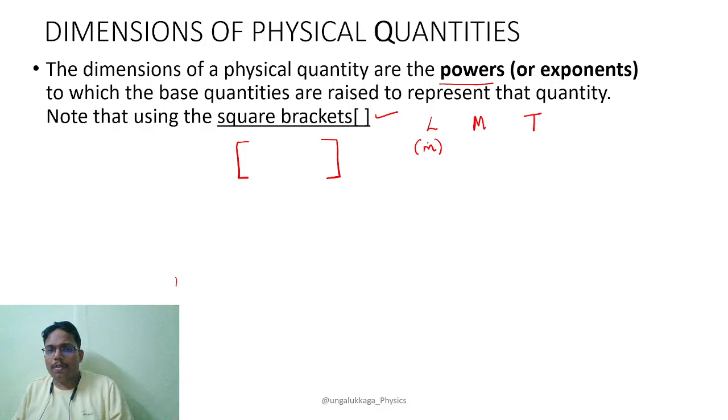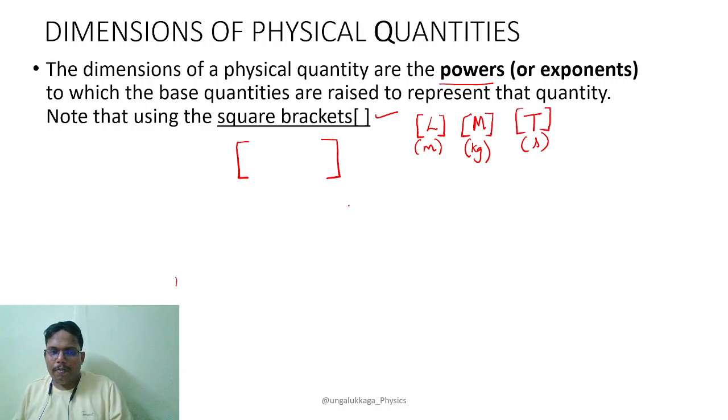So don't confuse the small m with the capital M. Kilogram is the SI unit of mass, and time is in seconds. So kilogram, meter, second can be written in the form of dimensional quantities, given in square brackets.